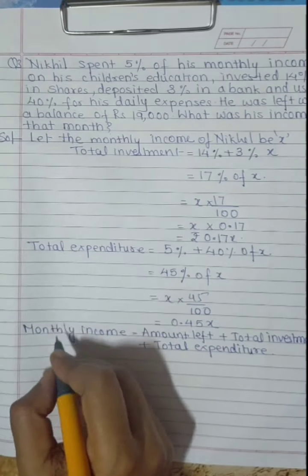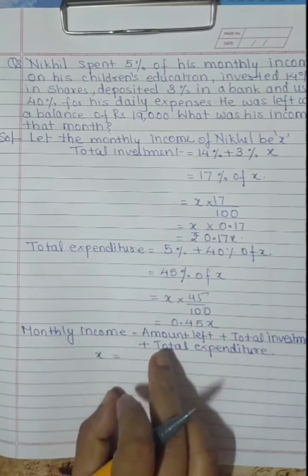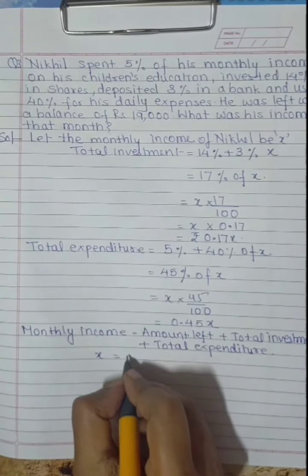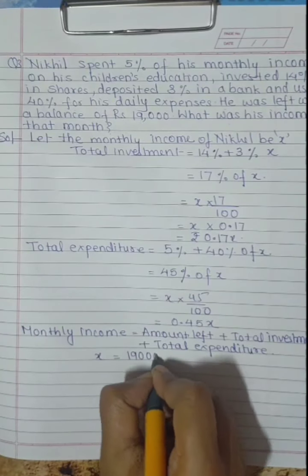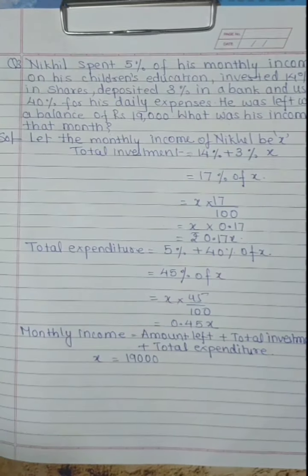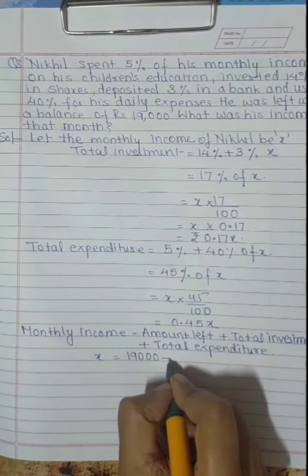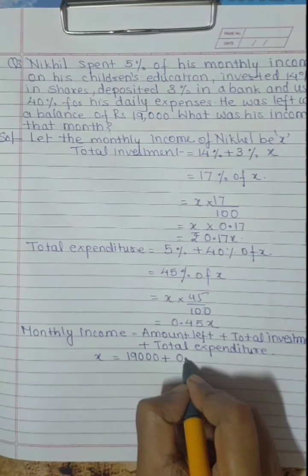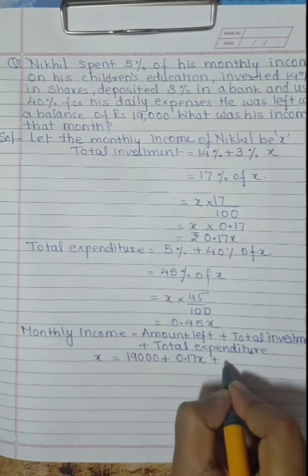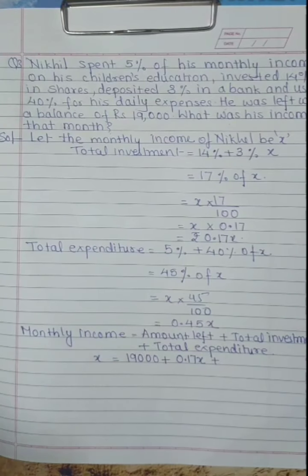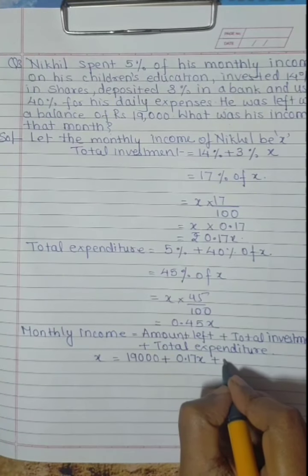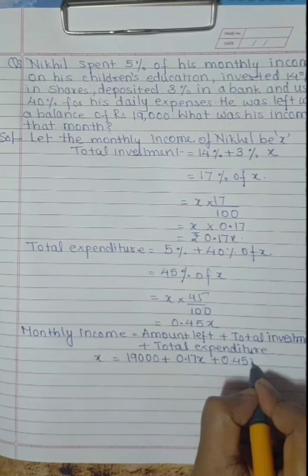So x is equal to how much? Amount left, that is 19,000, plus 0.17x plus 0.45x.